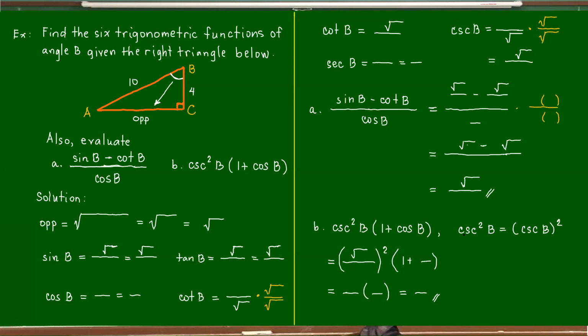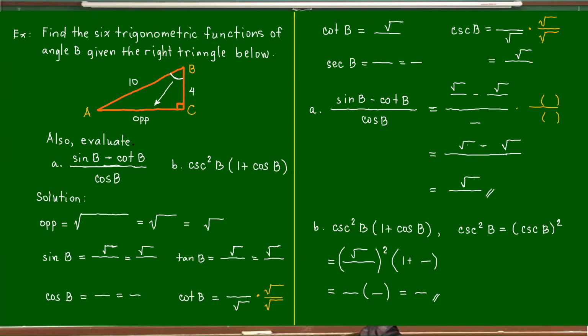So again, find the 6 trigonometric functions of angle B, given this right triangle ABC with right angle at C, acute angles A and B. We are interested in angle B. Opposite to angle B is the side AC. The other sides are known: 4 for the side BC and hypotenuse 10.